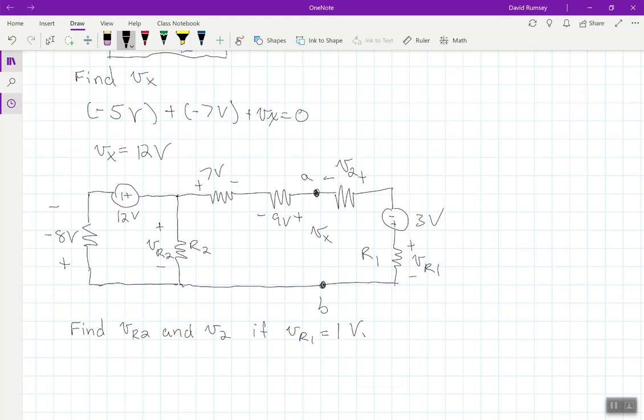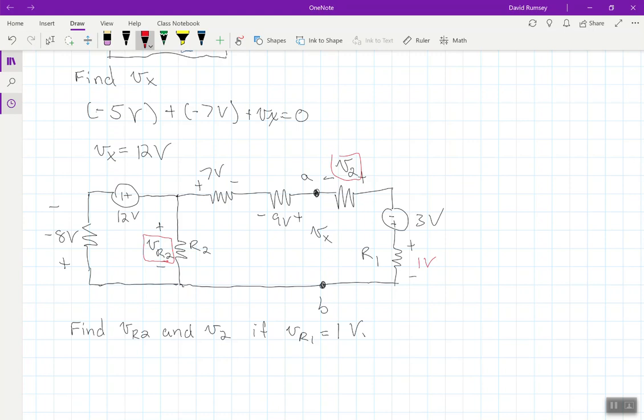So they've already labeled a lot of voltages on here, but we're supposed to find VR2 and V2. I'll just underline or circle them. We're supposed to find this VR2 and this V2 right here. And I'll go ahead and erase this VR1, because we know that VR1 is 1 volt.